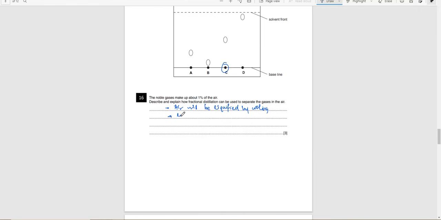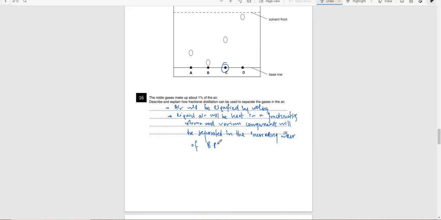Then liquid air will be heated in a fractionating column, and various components of the mixture will be separated on the basis of the difference in their boiling points, in the increasing order of their boiling points, which means that the component with the lower boiling point will evaporate first.